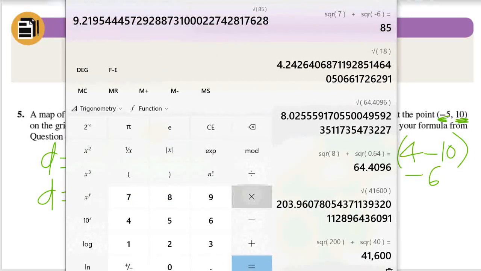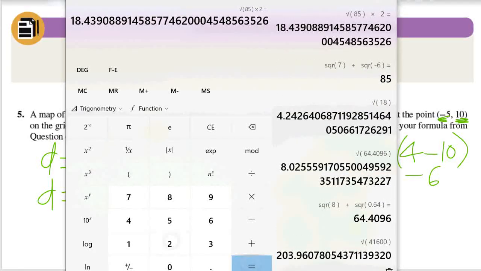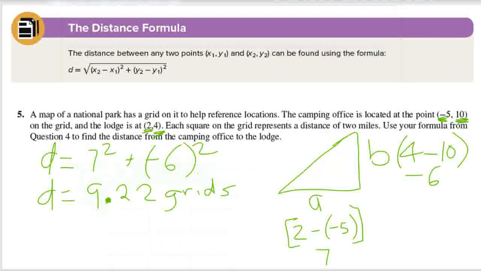So I have to multiply this by 2, and I get 18.44. D equals 18.44 miles.